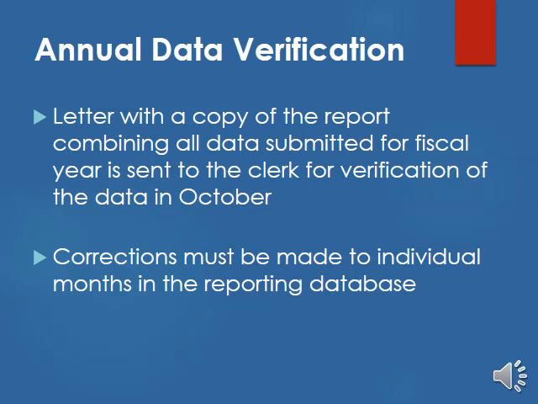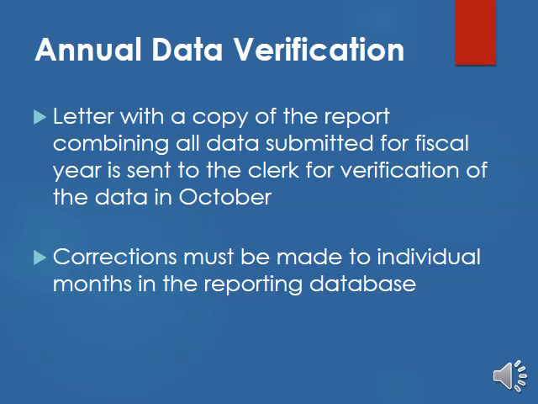So now that you have submitted and reviewed your reports, I want to go over what happens with the information. I mentioned earlier that the Judicial Information Section publishes an annual report each year containing the information reported for all the courts in the state. Prior to publishing that information, we want to provide the clerks with an opportunity for a final review to make any necessary corrections.